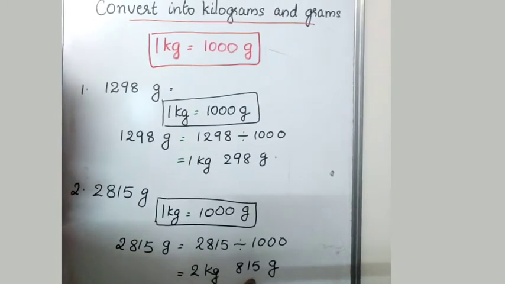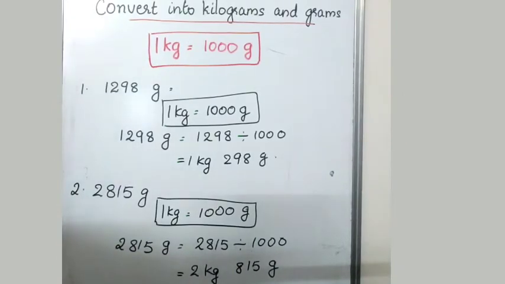These 3 places become the gram, and the place that is left becomes the kilogram.